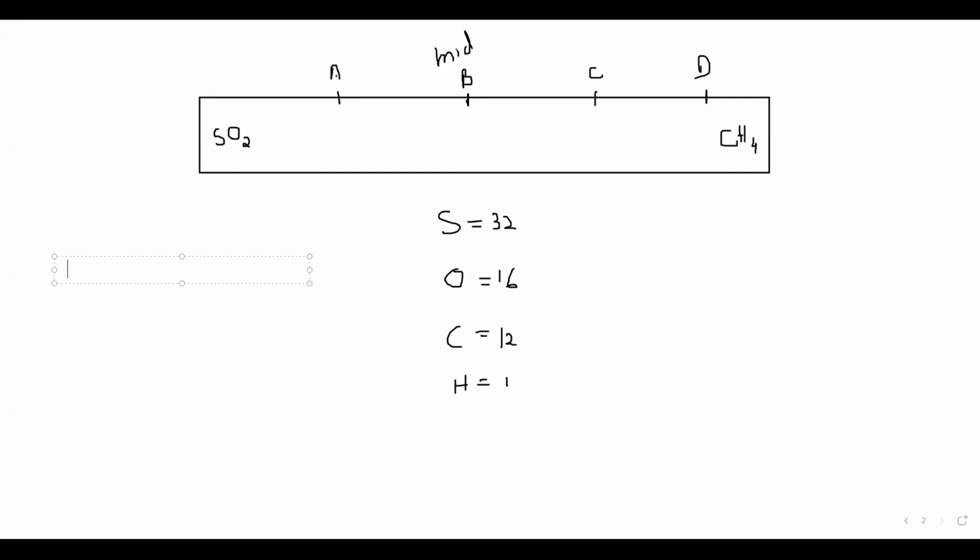There are four parts for this. Part A, find the molecular mass of SO2. Part B, find the molecular mass of CH4.